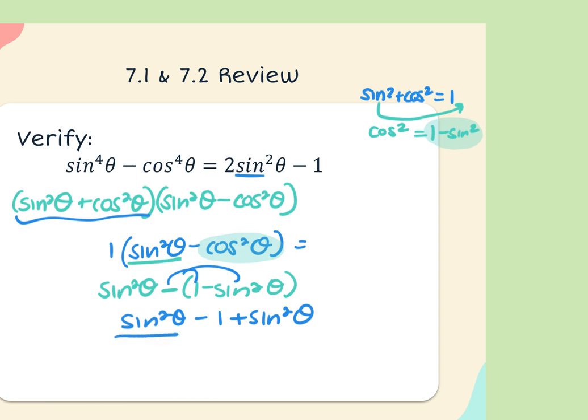And sine squared plus sine squared would be 2 sine squared theta minus 1. And now the left side equals the right. Questions on that one?